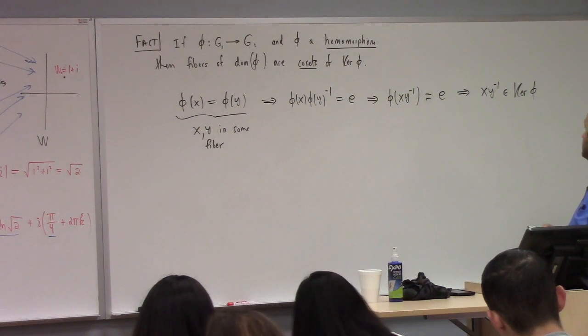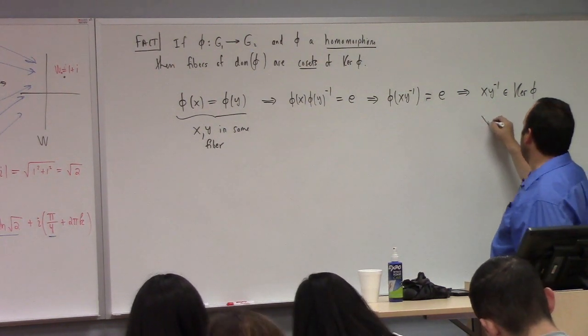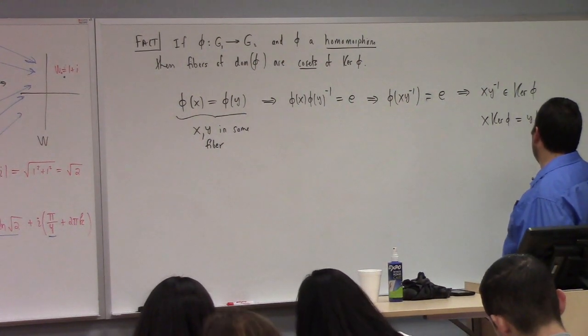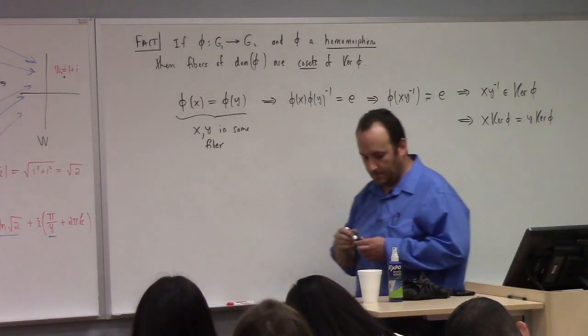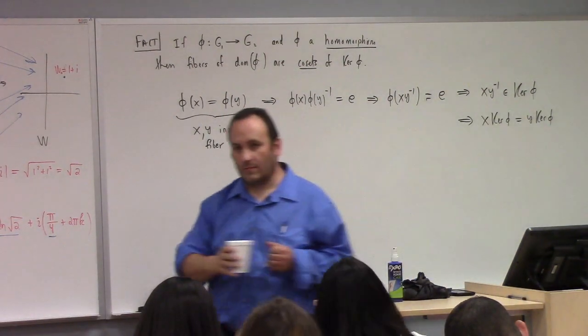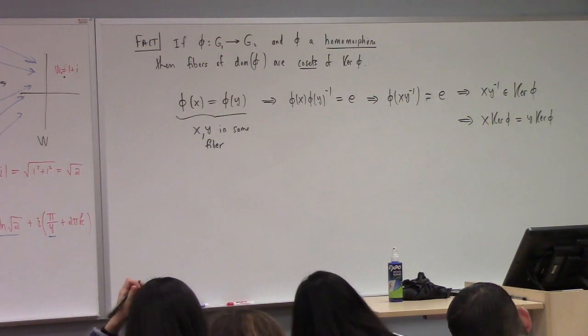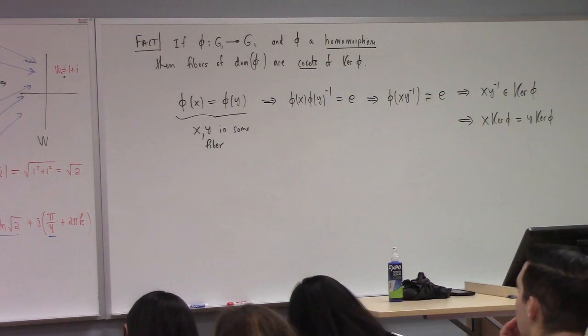And what's that mean? That means that x kernel phi equals y kernel phi by our work on cosets, yeah? So for a homomorphism, fibers are as big as the kernel of your map.